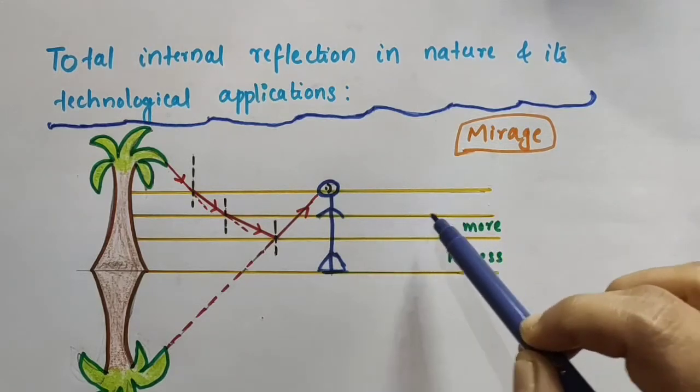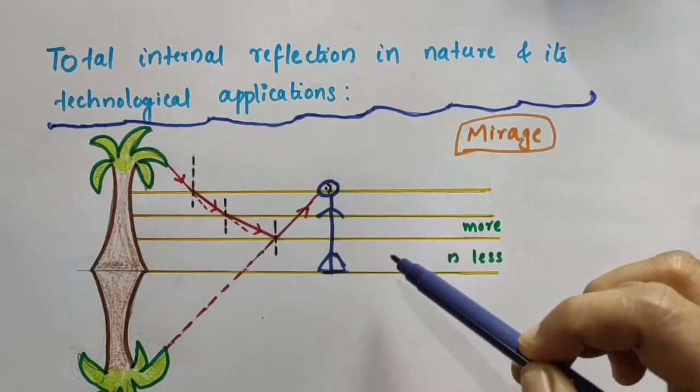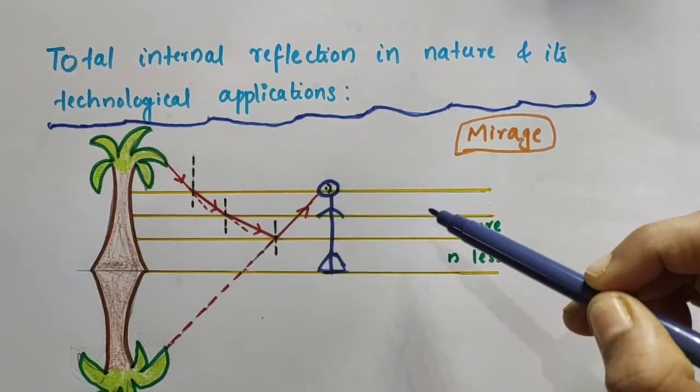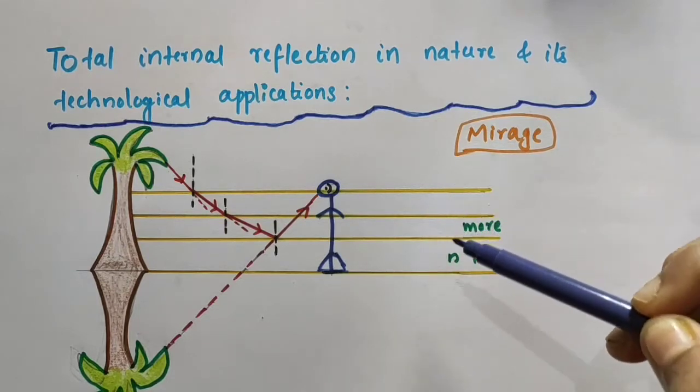This region will have more refractive index than this region, and this region will have more refractive index than this region. So as we move from top to bottom, the refractive index decreases.